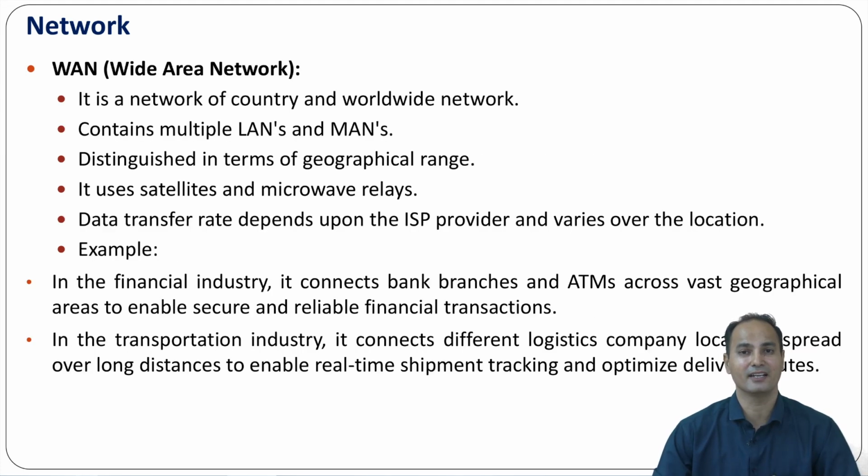WAN stands for Wide Area Network. It is a network of countries and a worldwide network. When a city network also wants to communicate with other cities or outside the country, the WAN is the only option or solution to establish such a network. It makes organizations able to communicate and transfer data beyond the boundary of their organization and country, to other countries' organizations.